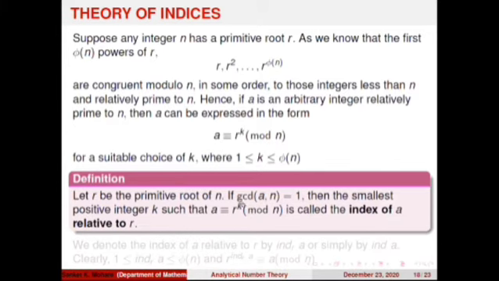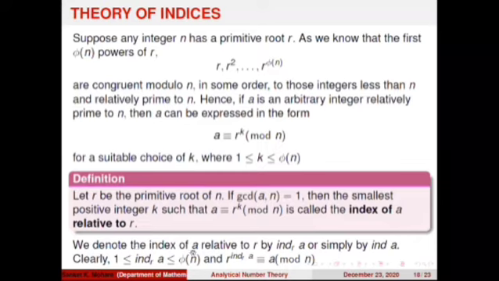So this smallest positive power k is what? The index of a relative to r. We denote the index of a relative to r by ind of a with r in the suffix, or simply by ind of a.